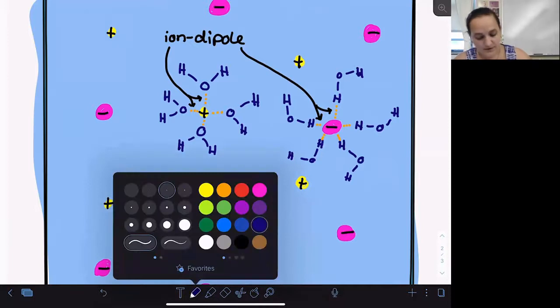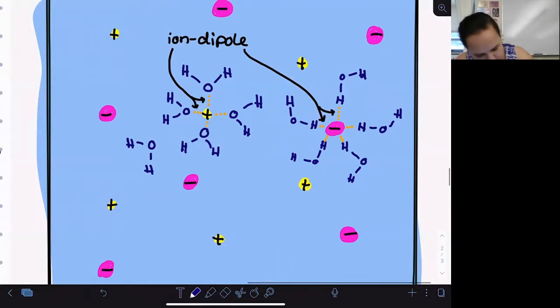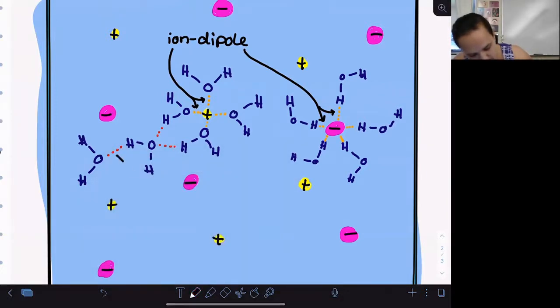So we disrupt some of it to make space for these dissolved ions, but we would also still have plenty of hydrogen bonding existing just as it normally would between the many water molecules that are present still and not around dissolved ions.